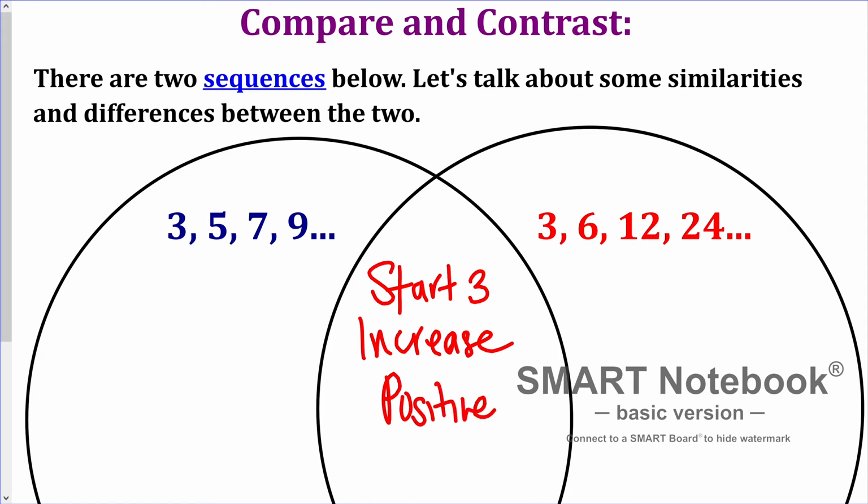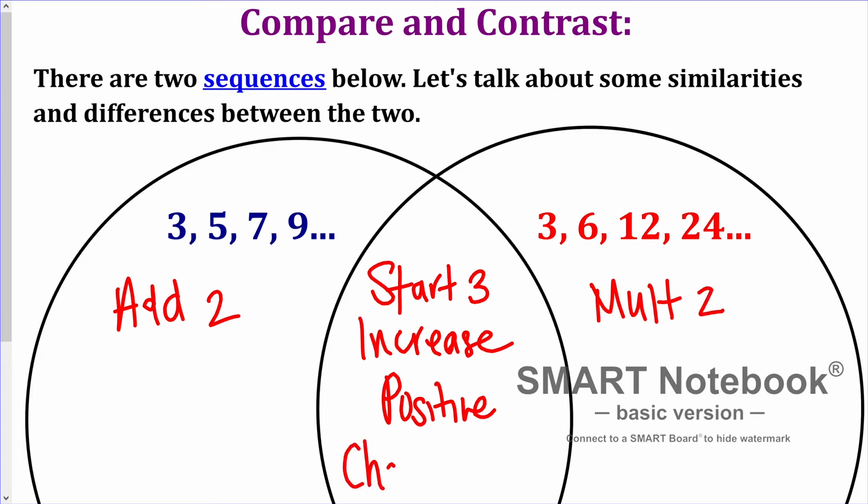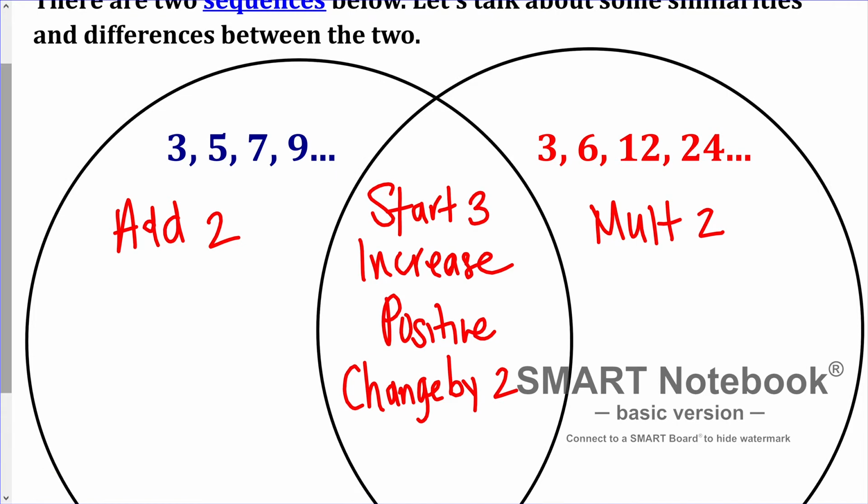Now this one seems like it's adding 2. This one is multiply by 2. So they're both changing by 2, right? 2 is involved in their change, but one is an add and one is a multiply.